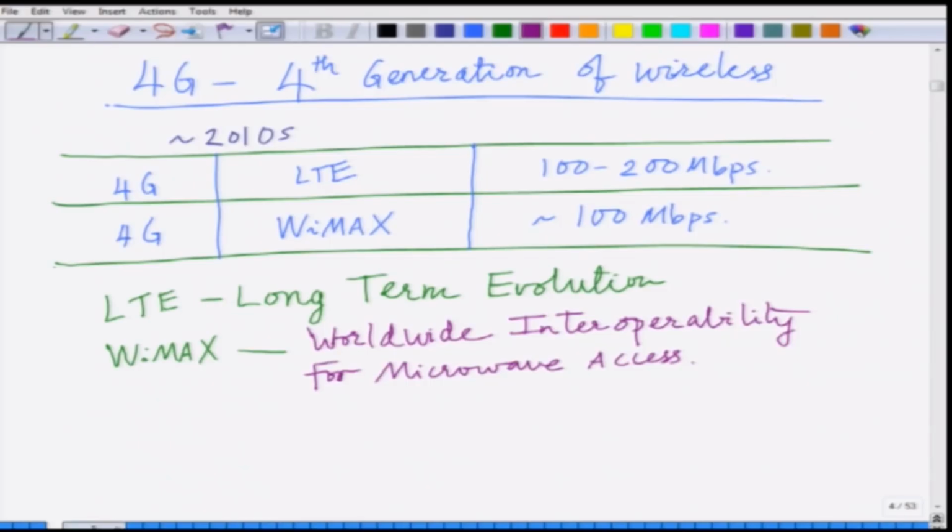And therefore, let us now look at what are the different capabilities, or what are the different applications that are possible, or how the application scenario has evolved across these different generations of wireless communication systems.